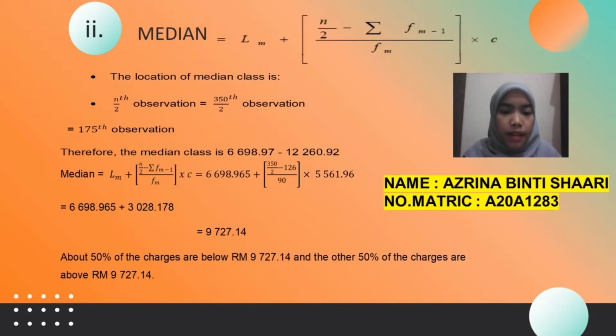Second is median. The median is the middle value in a distribution when the values are arranged in ascending or descending order. By using this formula, we got about 50% of the charges are below 9727.14, and the other 50% of the charges are above 9727.14.